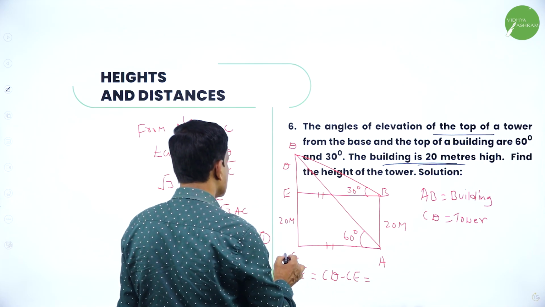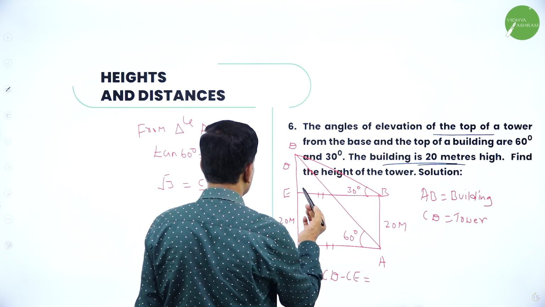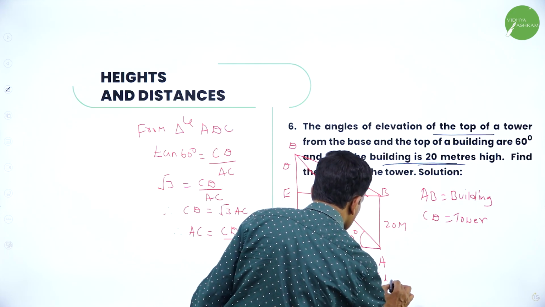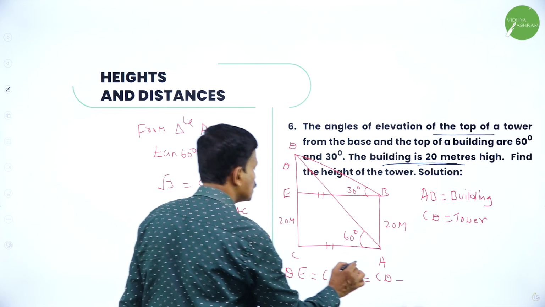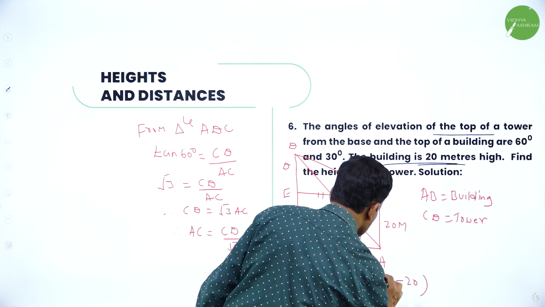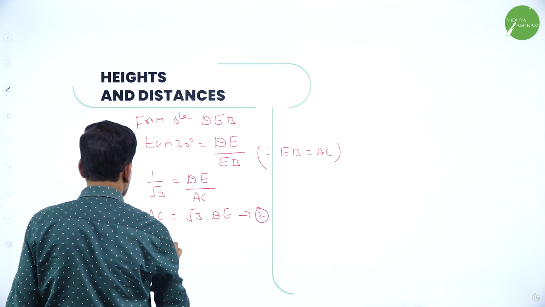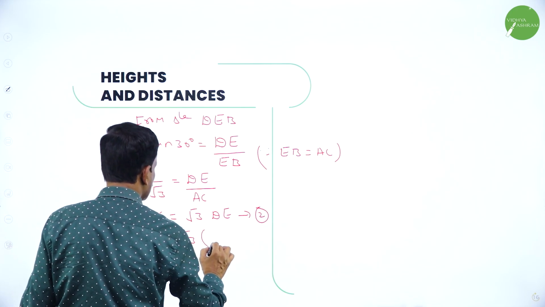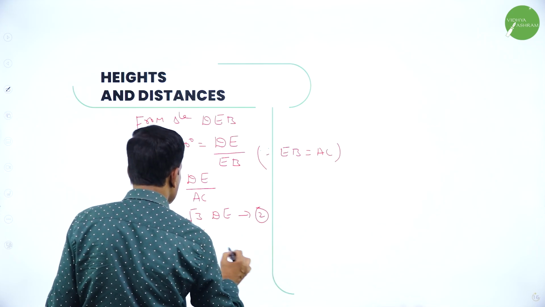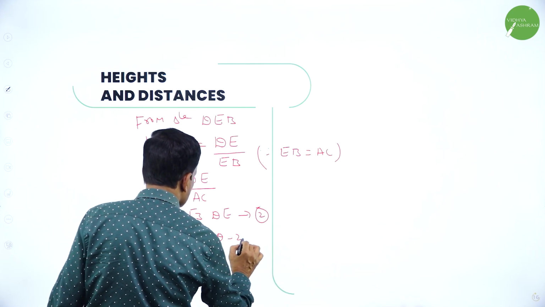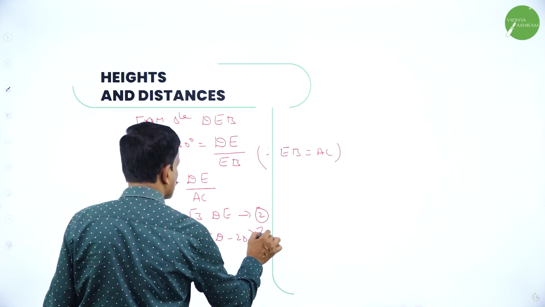We don't know CD, and CE is equal to 20. So DE is equal to CD minus 20, and AC is equal to root 3 into DE. Let us call this equation number 2.